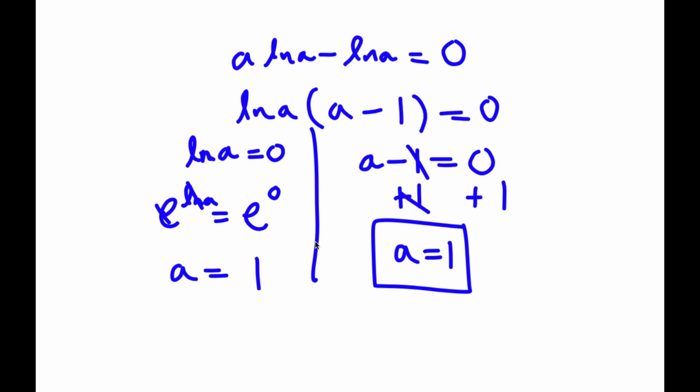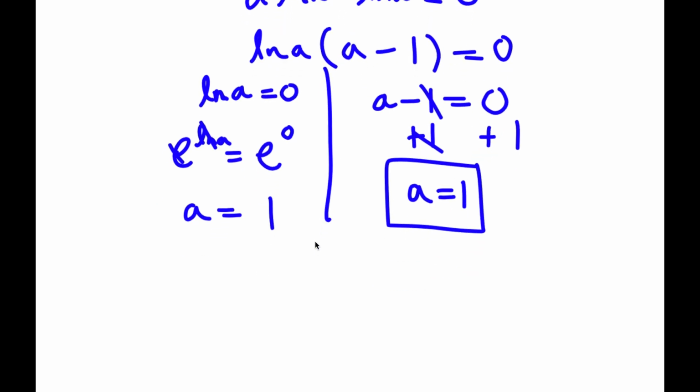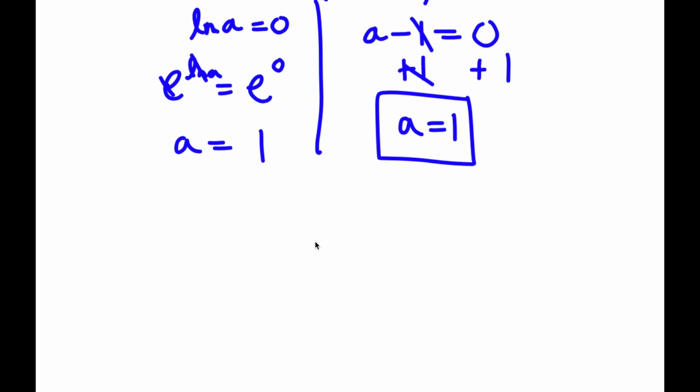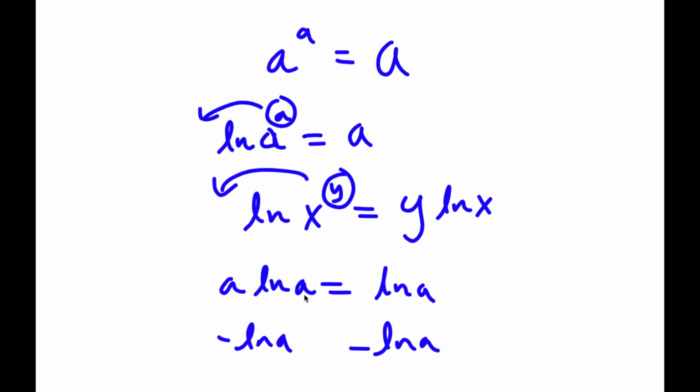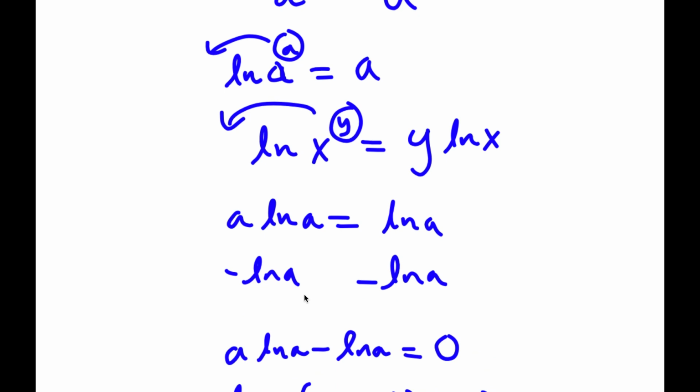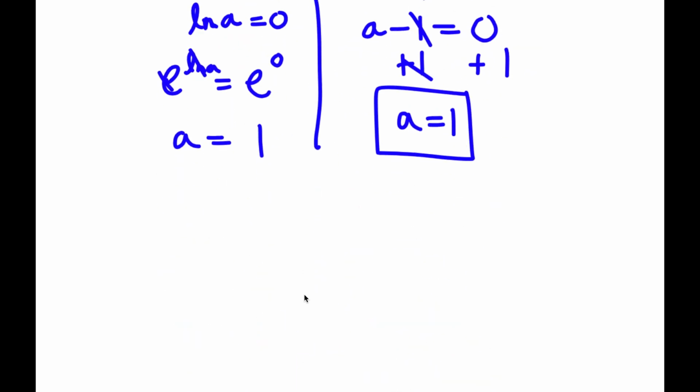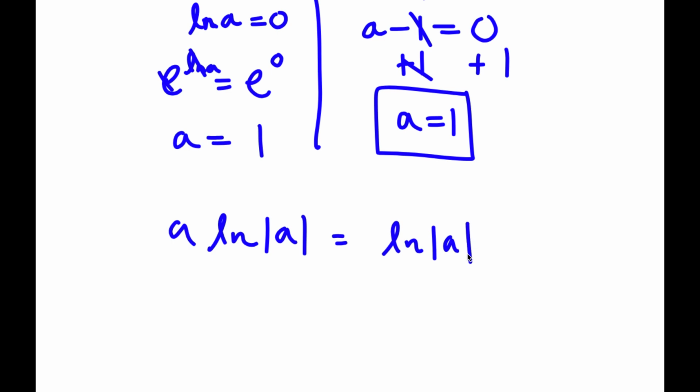Because there is another solution, instead of simply taking ln, I'm going to take ln of the absolute value on both sides. So now I have ln of the absolute value of a times a is equal to ln of the absolute value of a.